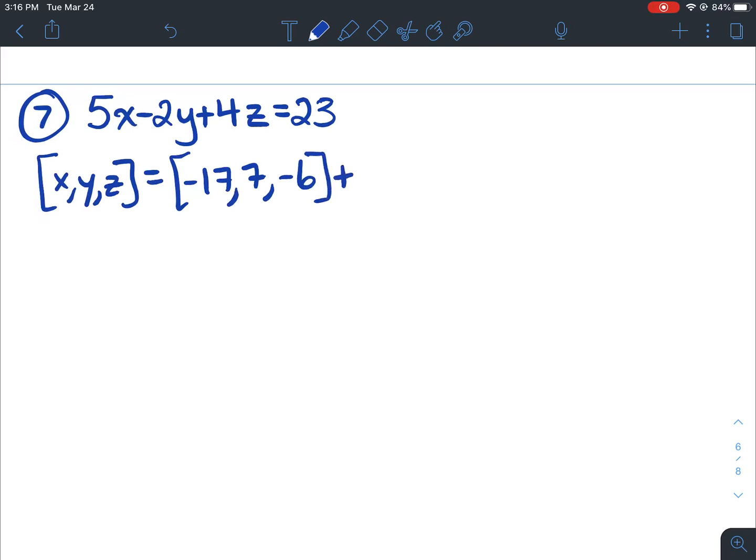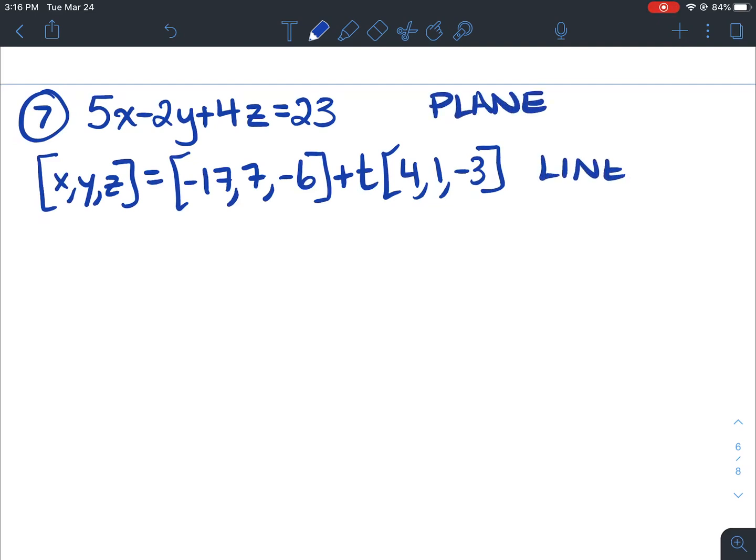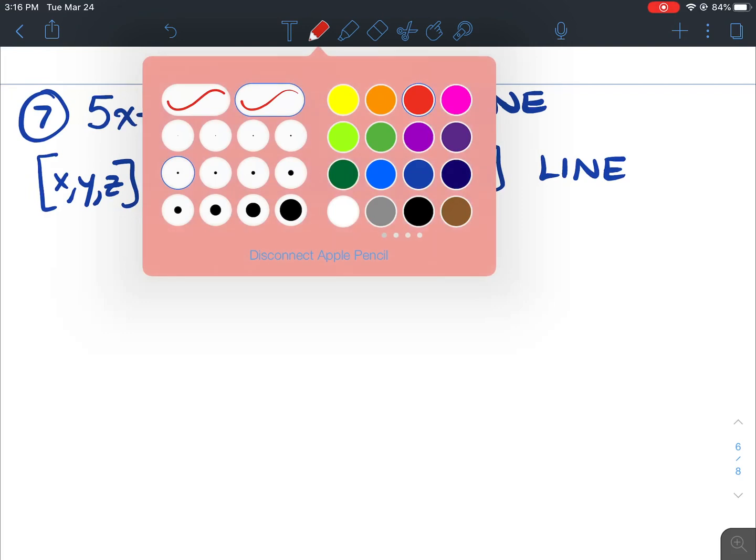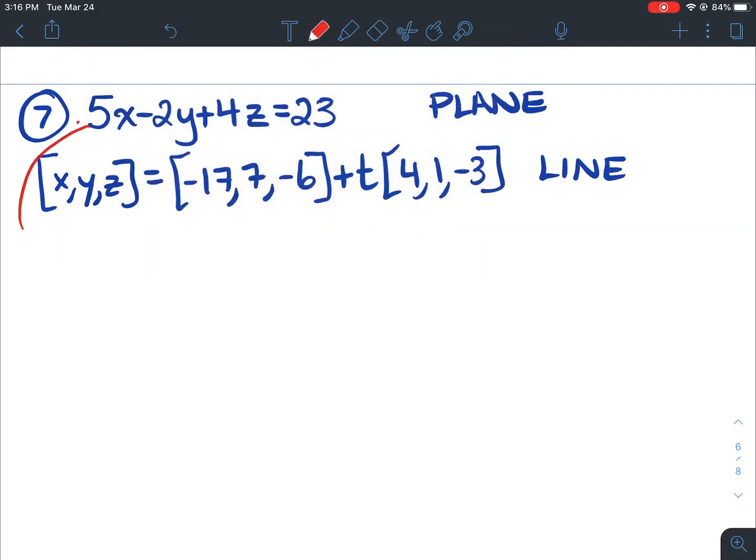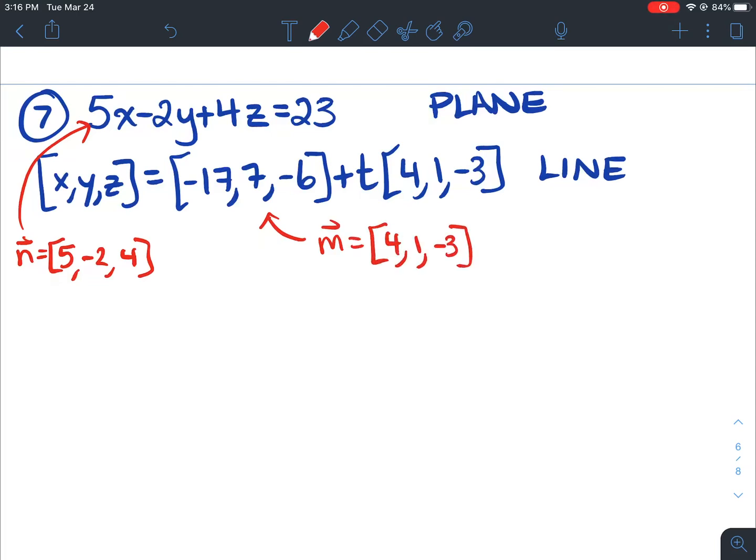Negative 6 plus t (4, 1, negative 3). Okay, so this is our plane, and this is our line, and we're trying to find out if they intersect. So right off the bat, I can see that the normal vector of my plane is (5, -2, 4), and for my line, I can see that my direction vector is (4, 1, -3).